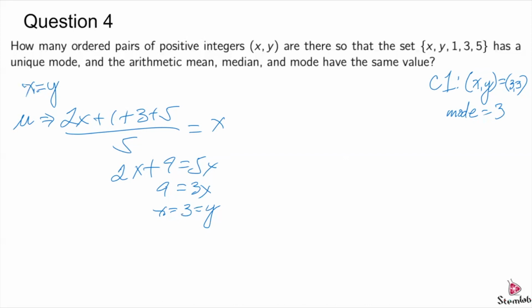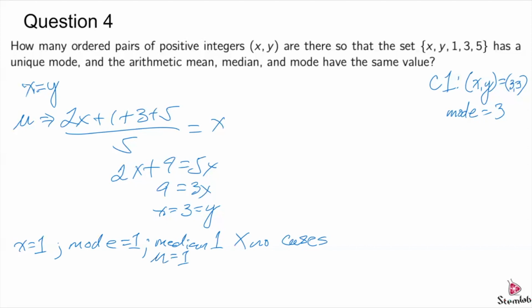When x is equal to 1, the mode is 1, and the median is 1, then to make the average also 1, y would be negative, which violates the condition that both x and y are positive. So no cases are possible, because we also want the average to be 1.